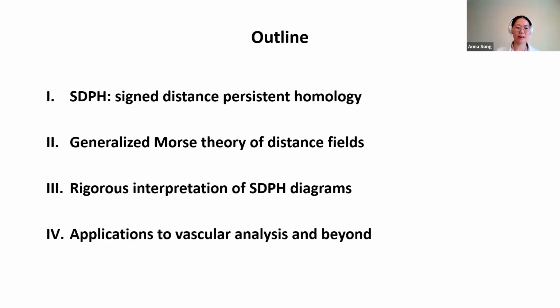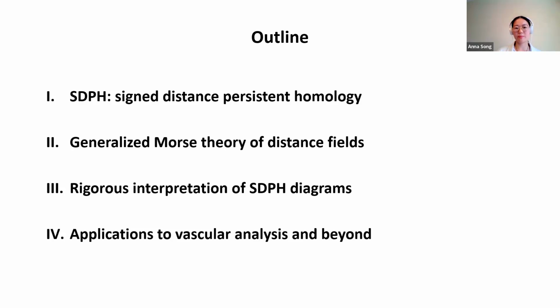So for today, the talk will be mainly theoretical. First, I will start with SDPH, signed distance persistent homology, the method that will be used to quantify shapes. And we'll see that we need to generalize Morse theory to distance functions, because Morse theory has historically been defined for smooth settings.